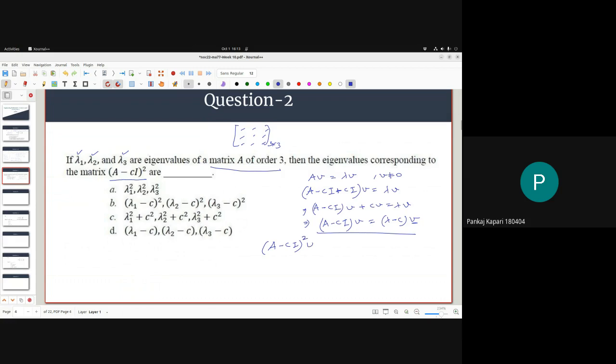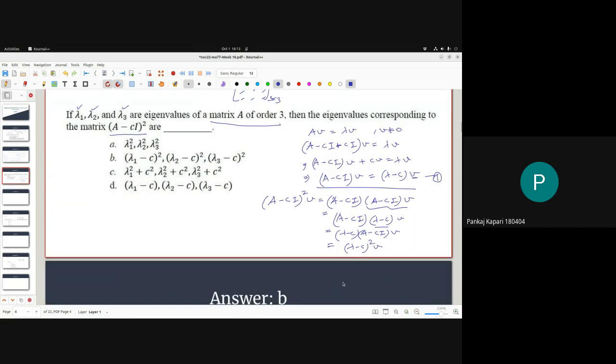This square times V must be equal to A minus Ci applied two times to V. Now A minus Ci applied to V gives lambda minus C times V. Because lambda minus C is just a constant, you can take it outside and you will again have A minus Ci times V. Again you can apply equation 1, and then you will have lambda minus C whole square times V.